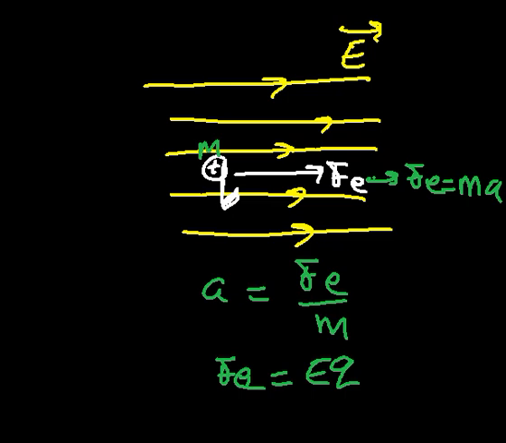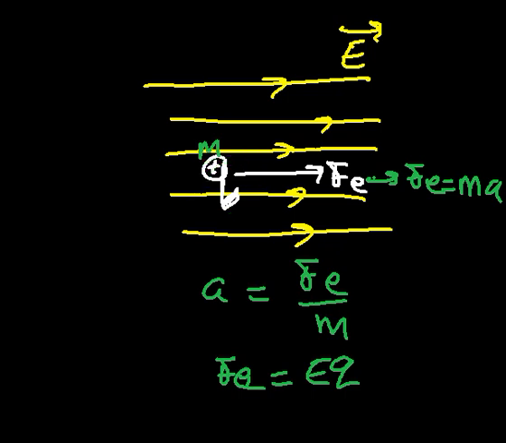Since this is a region of uniform electric field, the force the charge experiences is a constant force, and the acceleration it brings about is also constant. So this charge will move at a constant acceleration.